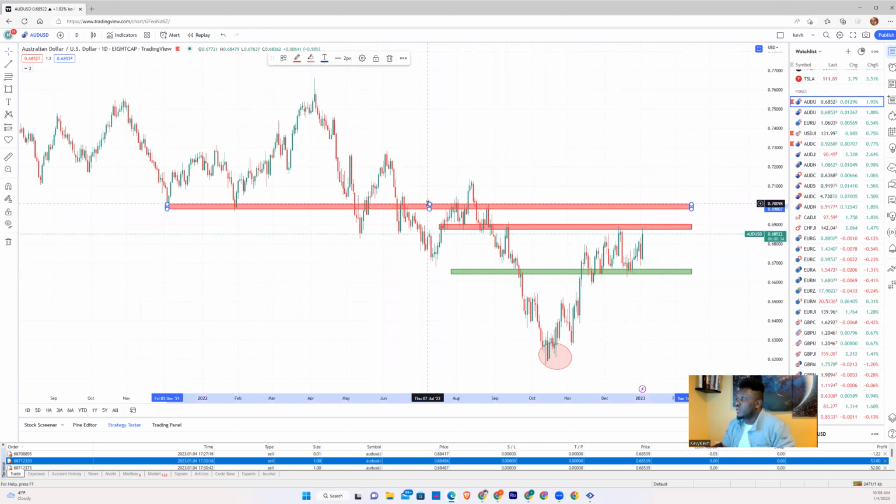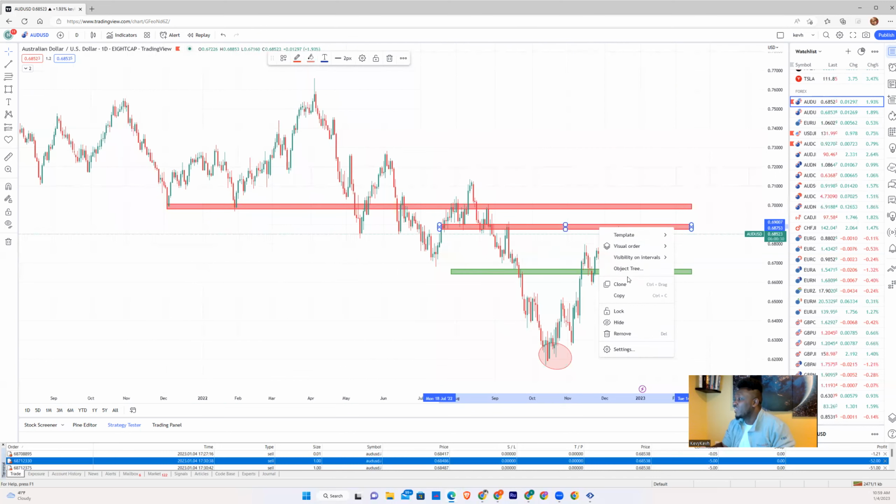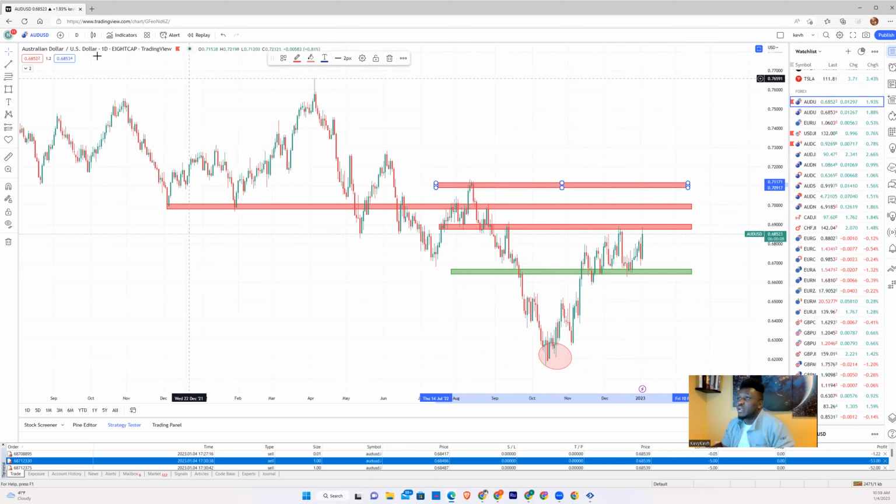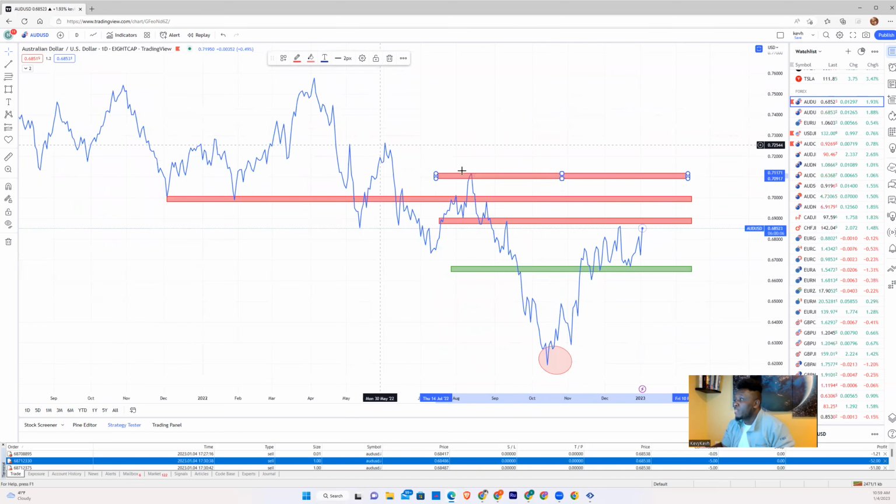Now, I'm going to clone this. It's much easier if I just clone it. Being lazy. We also have this area right here. I think this market has a chance of encountering some massive resistance in that area.